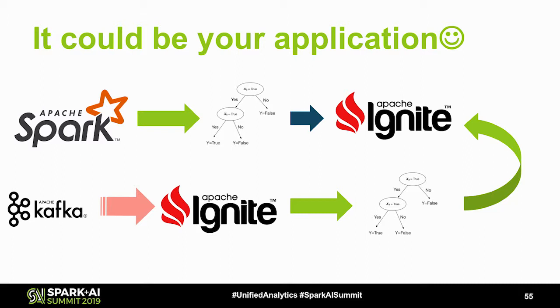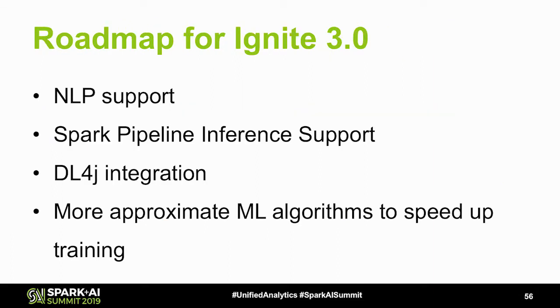As I said, Apache Ignite has a lot of connectors and can be your own in-memory database, which can get a lot of data from different data sources, and Apache Spark can be one of these sources. Of course, please reduce the data, because it's an in-memory database and we can't spill anything to disk, but it can be fast.